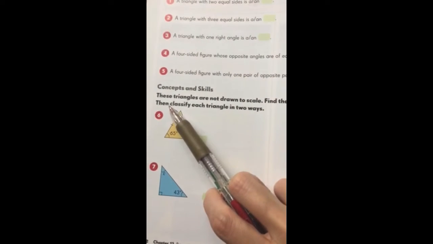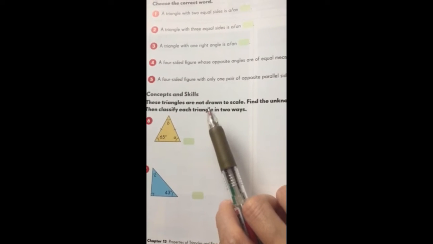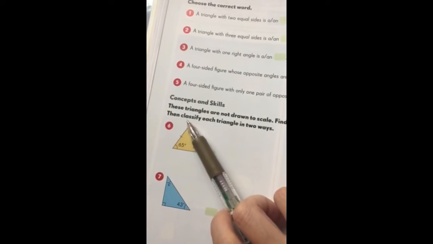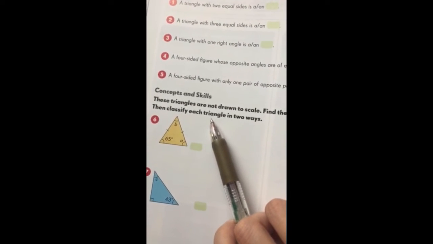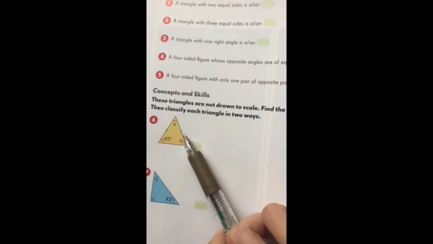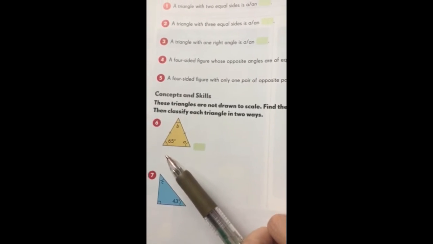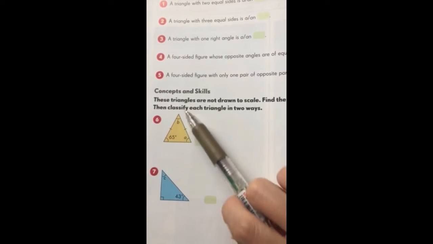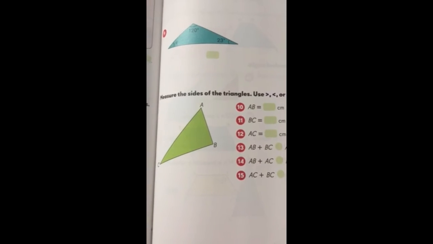And the next one, these triangles are not drawn to scale. Find the unknown angle measures and then classify each triangle in 2 ways, by the length of side and by the measures of angles. Remember, classify them in 2 ways.